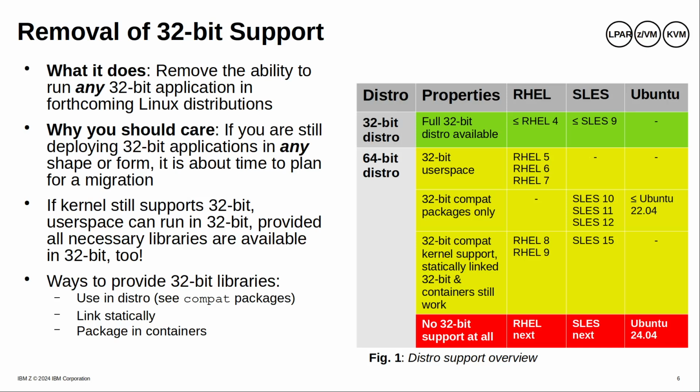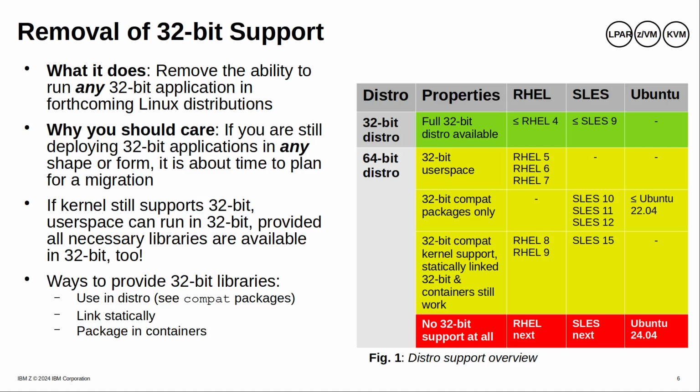The first thing I want to talk about here is not necessarily a new feature, but rather something we have been working on for quite a bit, as you can see on this little illustration on the right-hand side. This is about the removal of the 32-bit support in the Linux distributions.